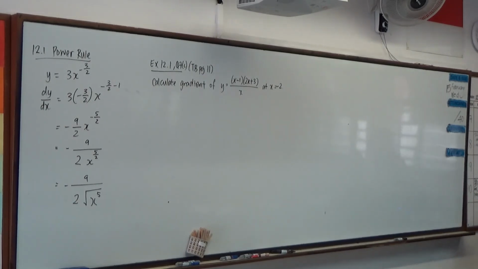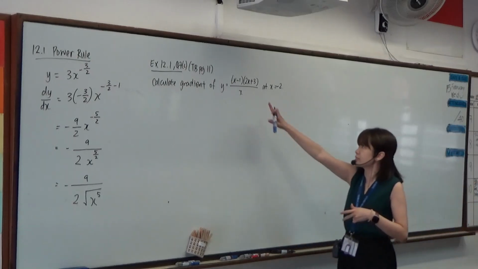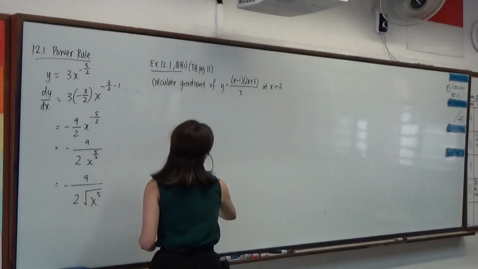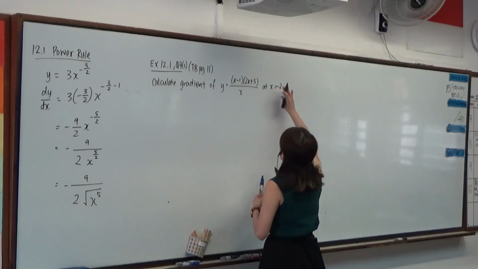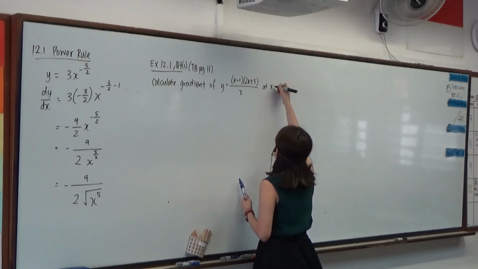This curve is y equals x minus 1 times 2x plus 3, all over x, and at the point x equals negative 2. Let me write this one.